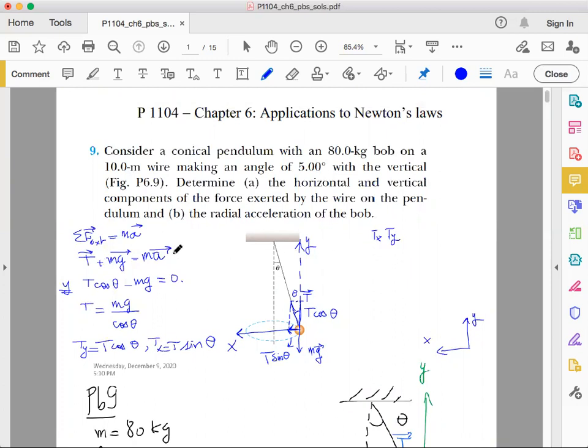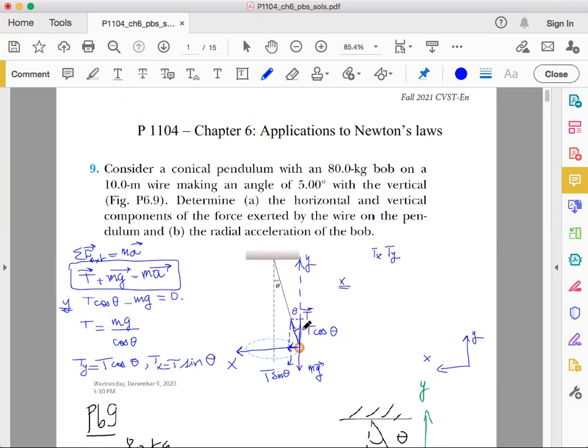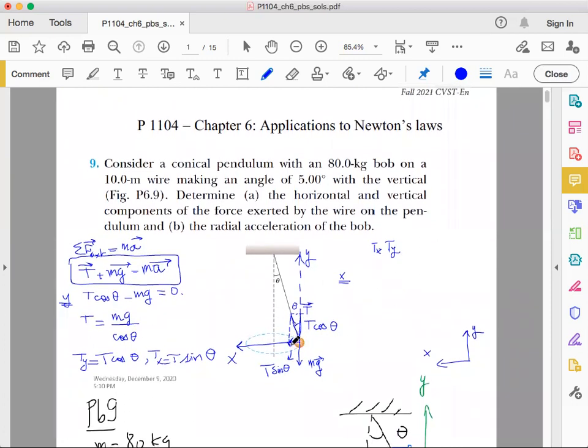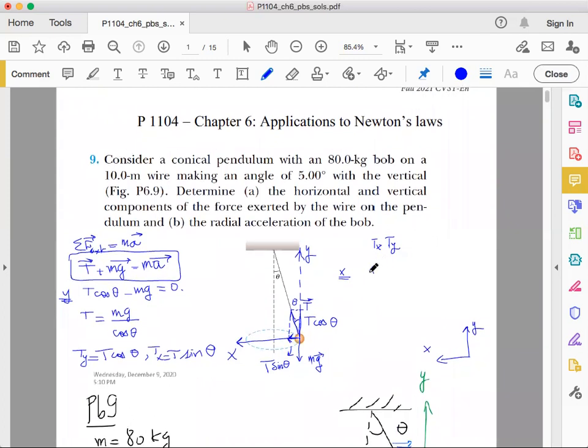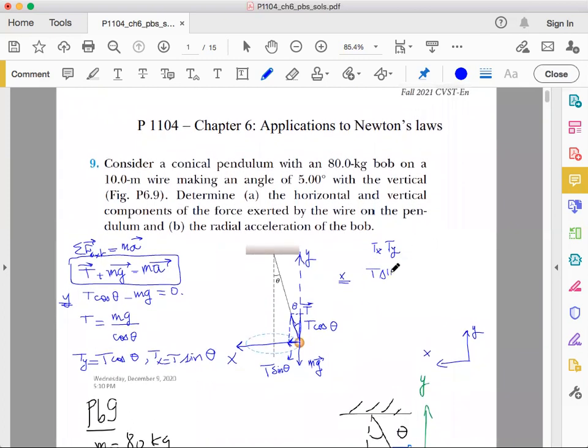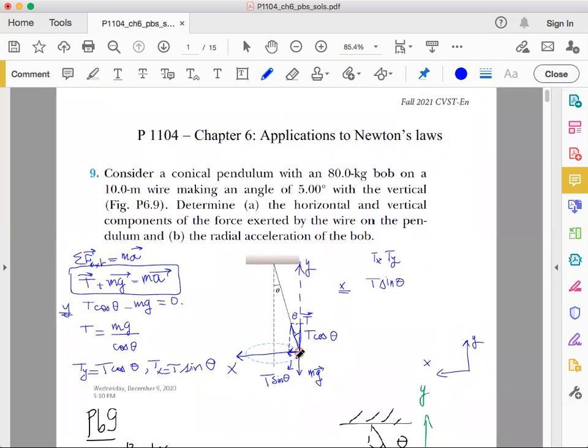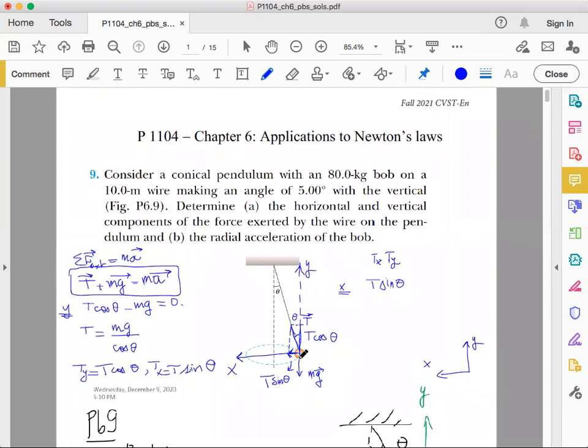So let's actually apply again Newton's second law, which is this one, and let's project it onto the x-axis. Onto the x-axis, we end up with, so the tension T in this case does have only one component along the x-axis, which is plus T sine theta. mg doesn't have any projection onto the x-axis because it's perpendicular to it.